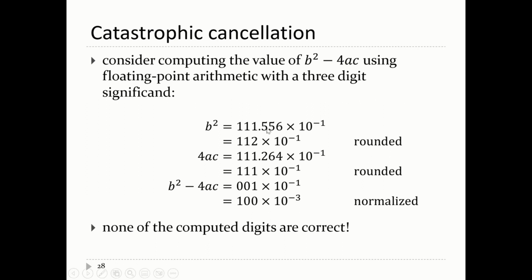So I have to lose the 5, 5, and 6 somehow. You can either throw them away, or in this case, I'm going to round them so that I produce a smaller error. So if I round that number to 3 digits, it's 112. If I round the second number to 3 digits, it's 111. Now when I compute the difference, I get 100 times 10 to the minus 3. So that's my result.